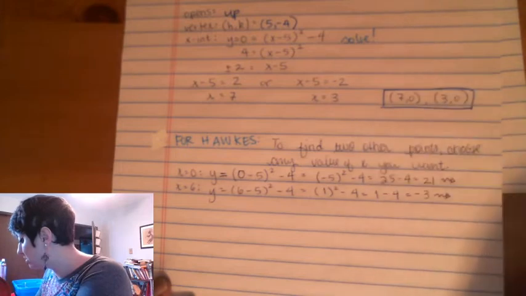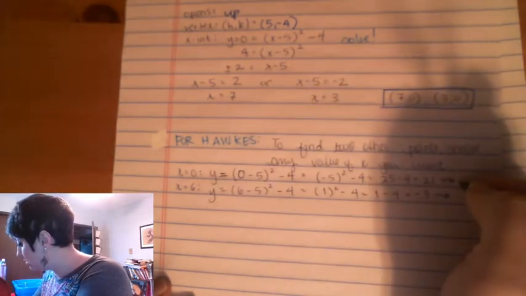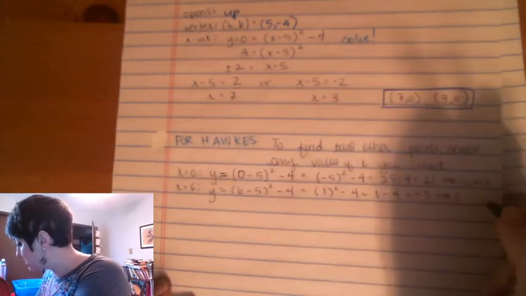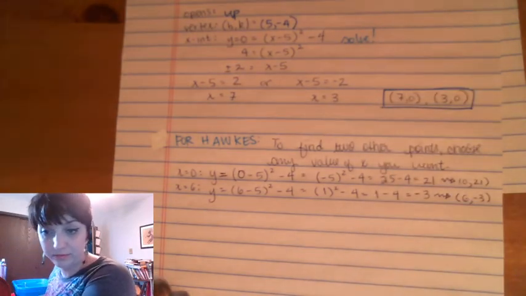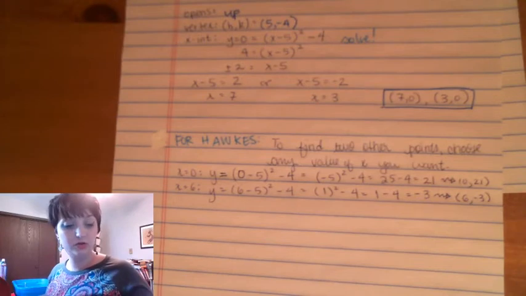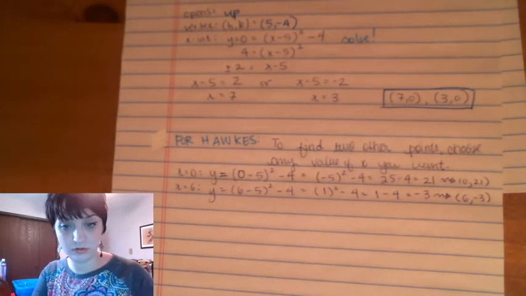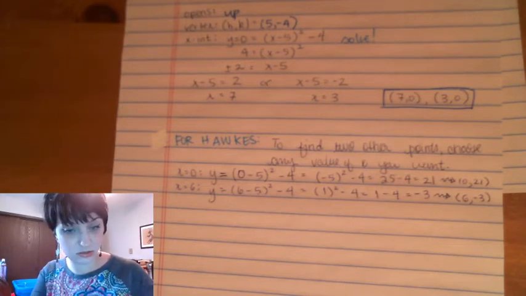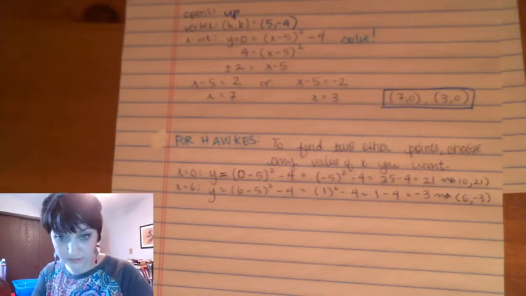Okay, so remember that the points are in, out, right? So in went 0, out came 21. In went 6, out came negative 3. All right? So when I go to type that into Hawks, (0, 21), (6, negative 3). Good.